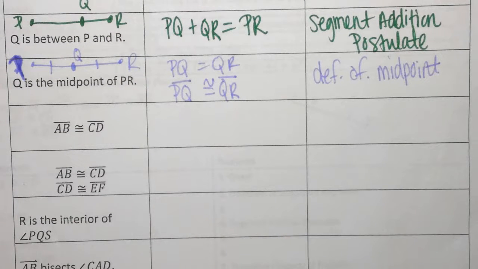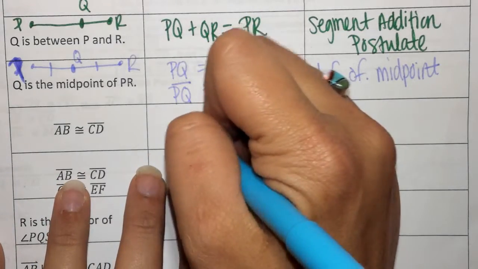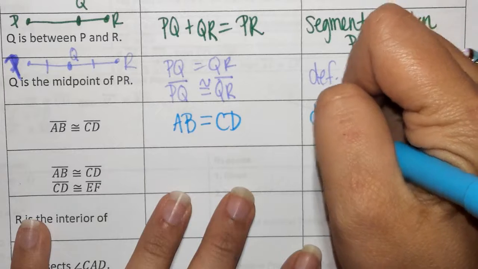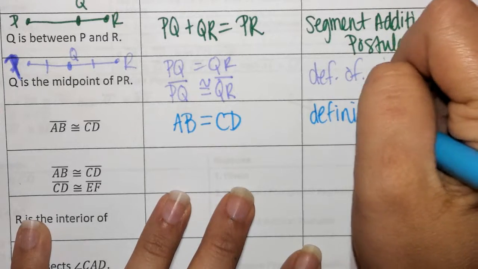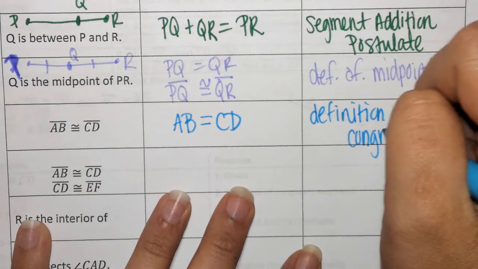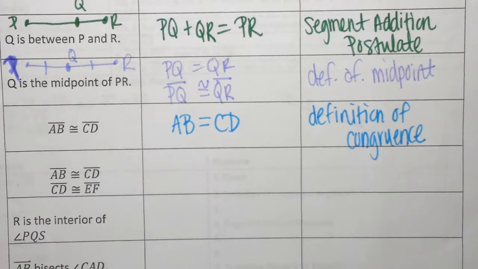Definition of midpoint. I don't know why I put a period after of, but it doesn't need one because that's the whole word. So this says that segment AB is congruent to segment CD. We can also say that the length of AB is equal to the length of CD, and that is the definition of congruence, or congruency, or whatever makes your soul happy.